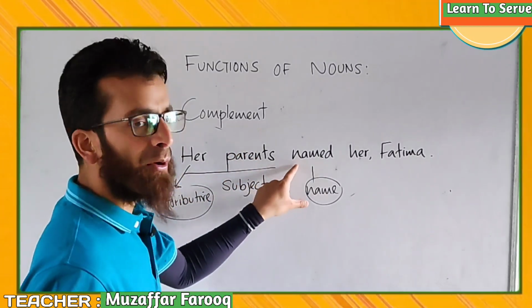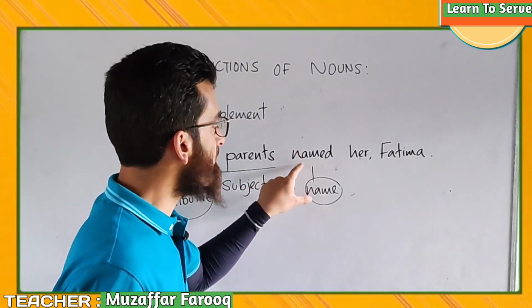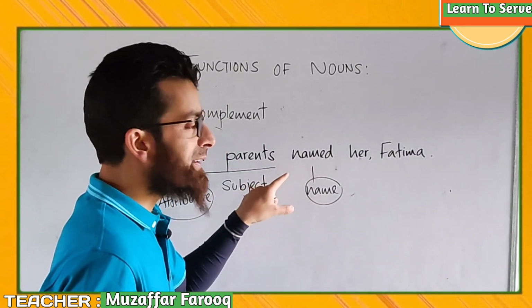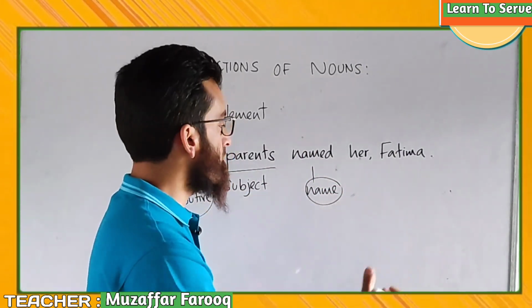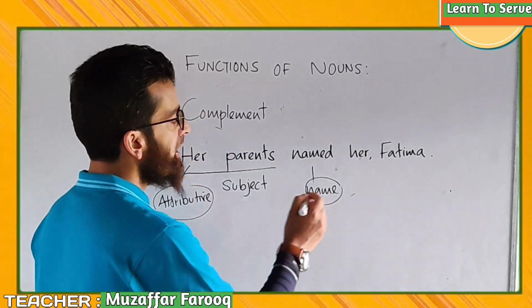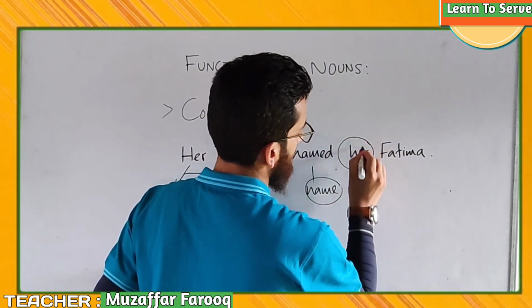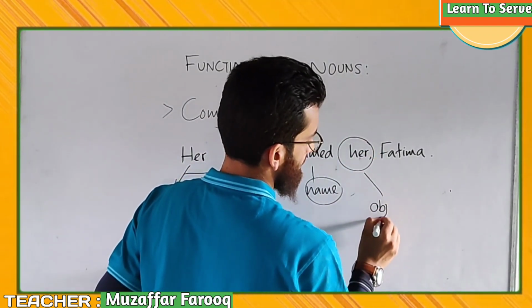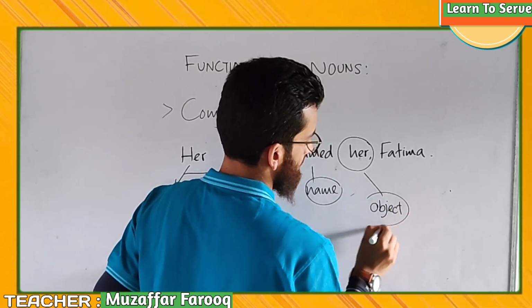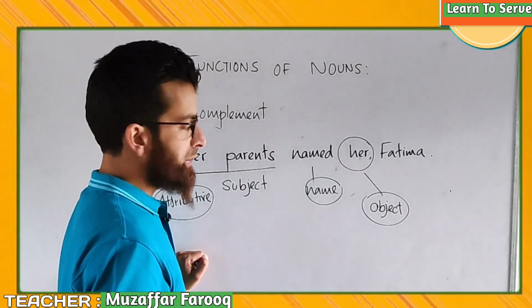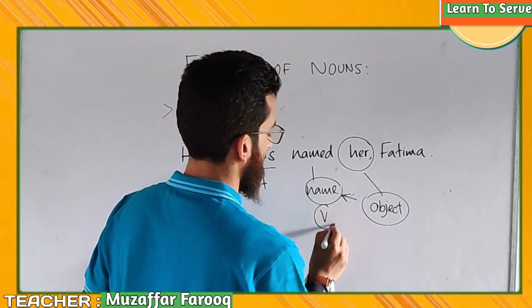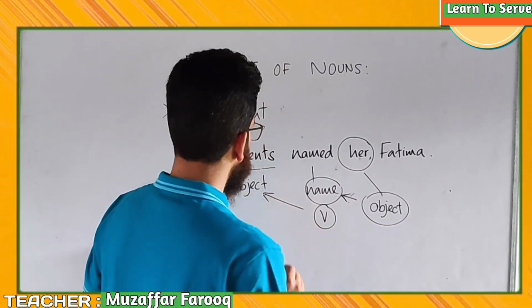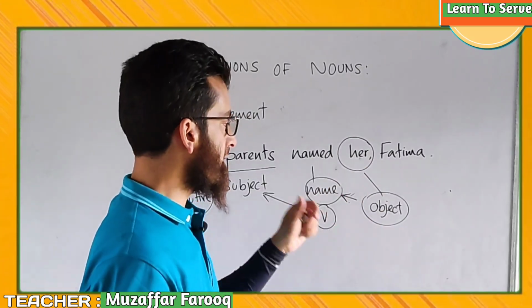They have performed this particular action, and that is giving a name to their daughter. Now her is the object of this verb. Subject, this is the object and this is the verb.